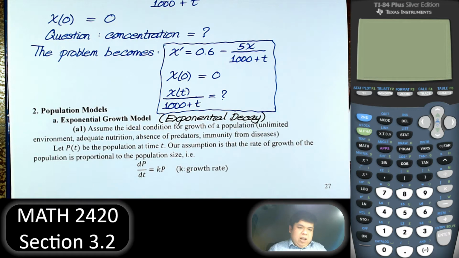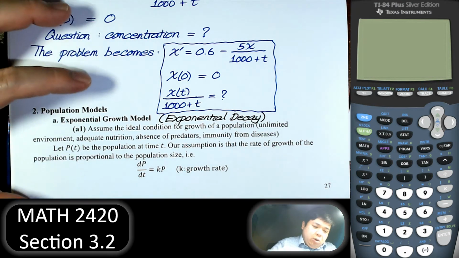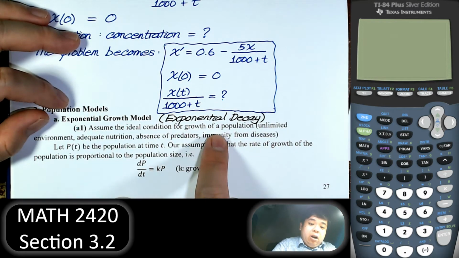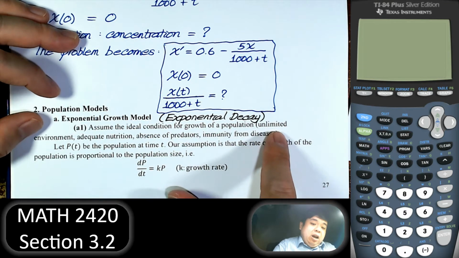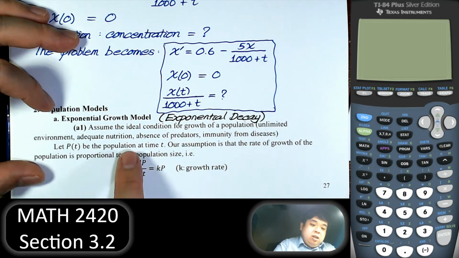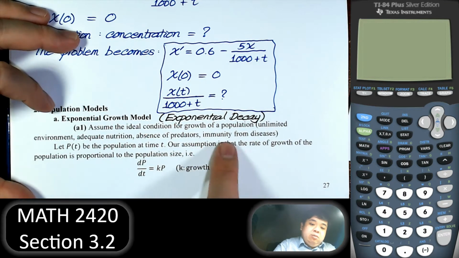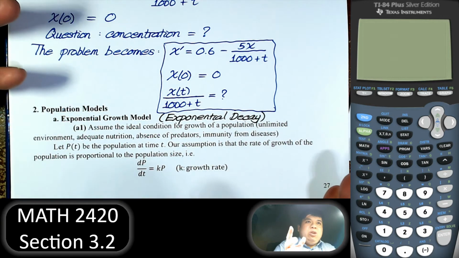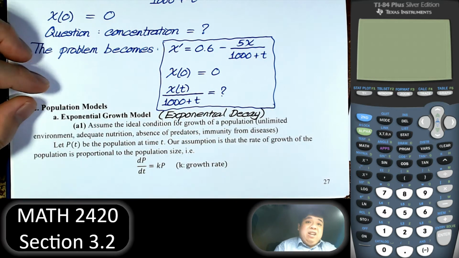The formula is still the same, but it's only different by the rate. So, assuming the ideal conditions for growth of a population, meaning unlimited resources, no predators, immunity from disease. Because that is ideal condition, usually we don't have any of that.